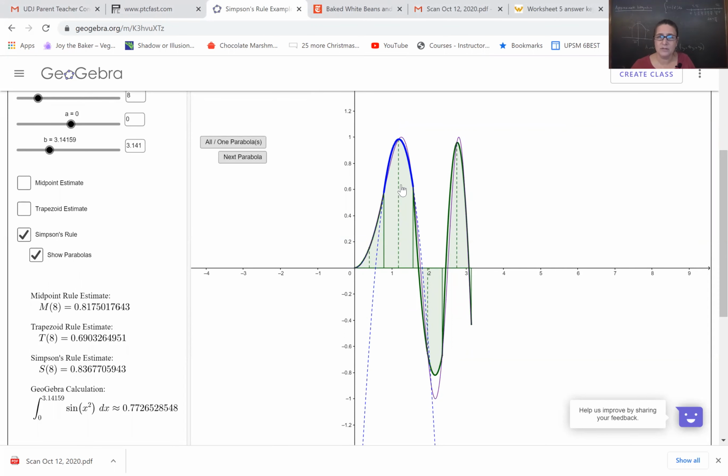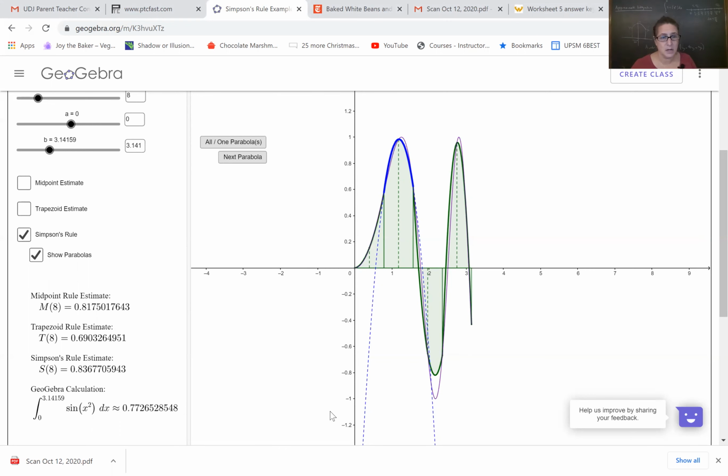So those inner points, which here are given with a darker, solid line, are going to be added in twice, so they're going to have a coefficient of 2. Now the middle point is only added in once, but it comes with a coefficient of 4 because of the way this area comes out when you actually integrate.